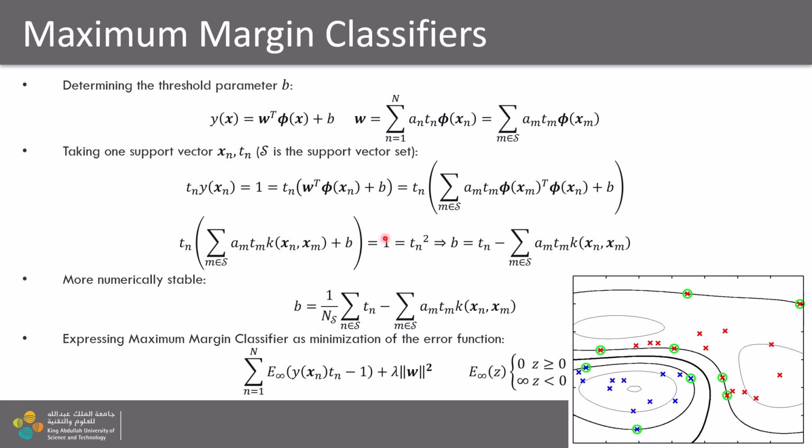And then from that we can express b, where b is equal to tn minus the sum over all support vectors, where one of the support vectors is chosen as the tn here, and here we are already using the formulation of the kernel, which is coming from these formulations of the dot product of the feature vectors.